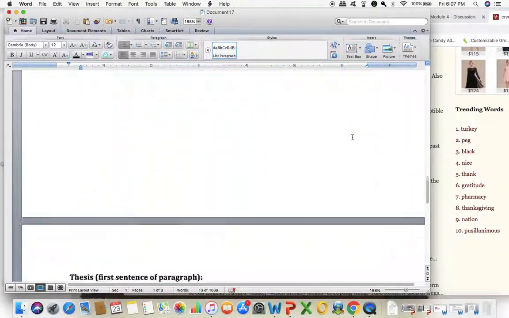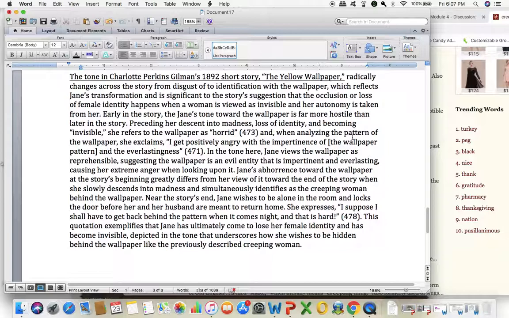Without that, if I wasn't talking about this loss of identity, or how the text is commenting on the loss of female identity, or the occlusion of womanhood, this becomes a very myopic argument about style.